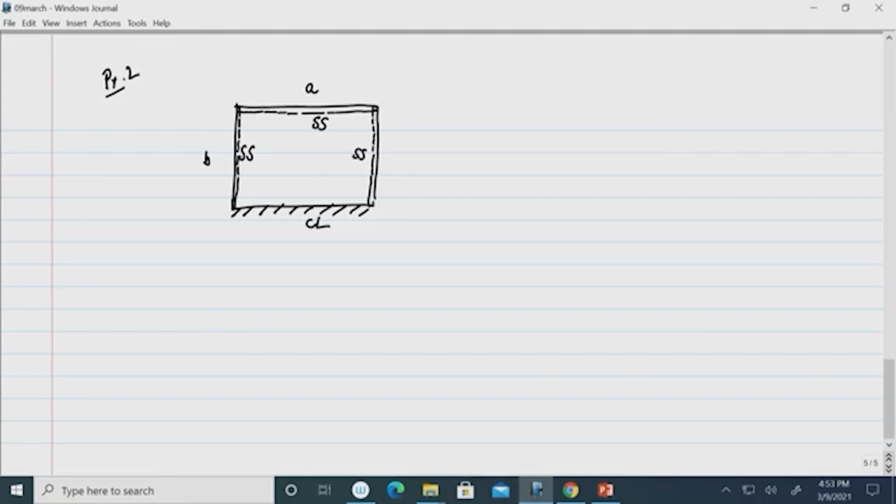So, what we do here, we take the axes as they are, this is the x axis and y axis, and we have to keep the full terms of the deflection series.